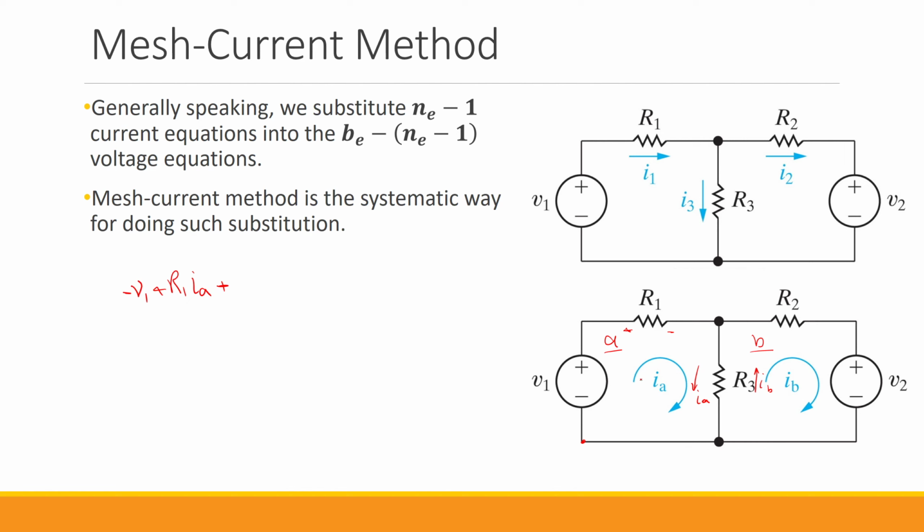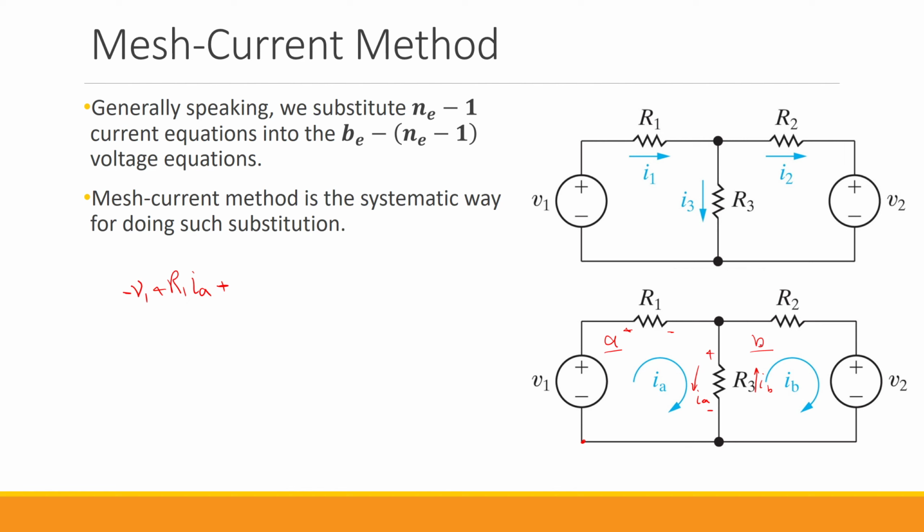Since we are going in the direction of IA for now, and following the passive sign convention, we can say, okay, we are entering from the positive side and exiting from the negative side of the resistor. So if we have IA going from the positive side to the negative side, and we have IB going from the negative side to the positive side, what is the net current that goes through R3 in the direction of IA?